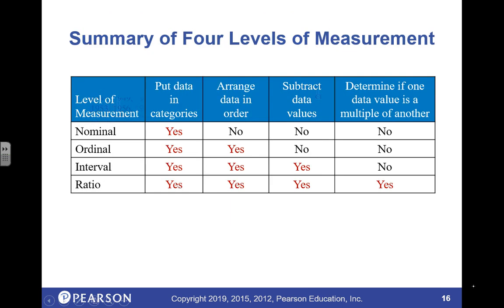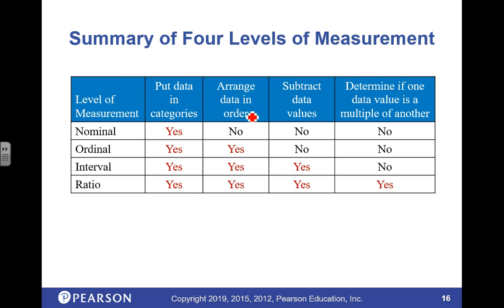So here's just a chart that kind of summarizes these. All of these, in a sense, can put numbers into categories. Even things that are quantitative, if I say I have 5 cookies or 6 cookies or 7 cookies, those are quantities, but we can think of those as categories of how much I have. A person that has 7 cookies categorically has more cookies than a person that only has 5.